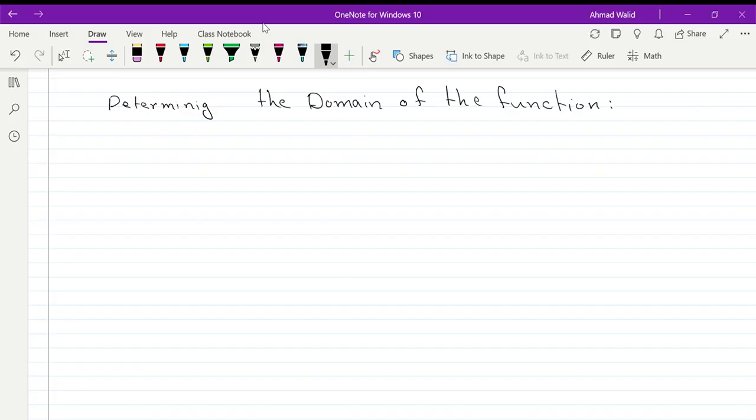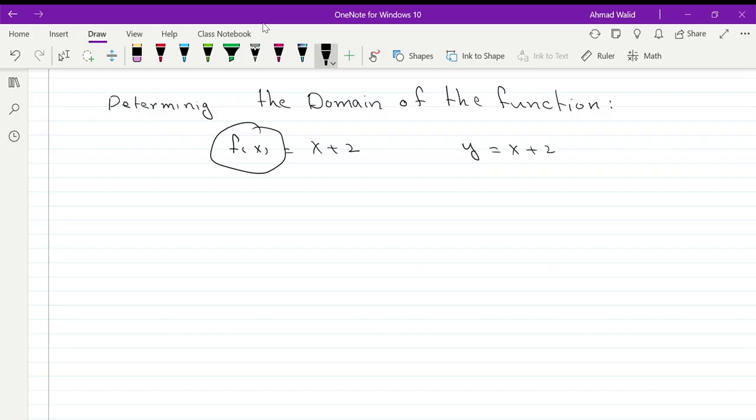If I give you a function, for example, y or f of x equals x plus 2, or y equals x plus 2, two ways. Later I'll explain why f of x.